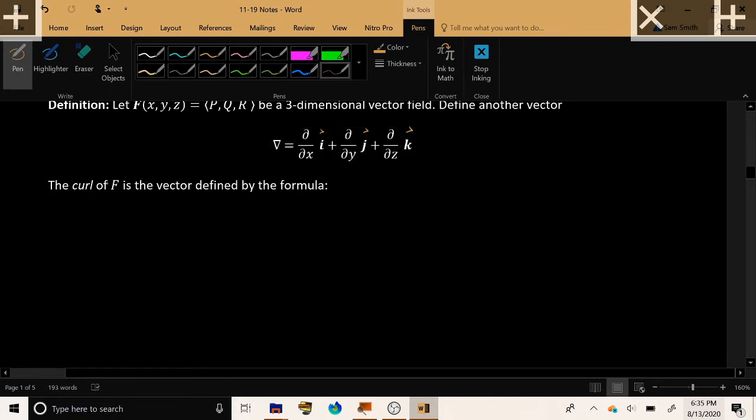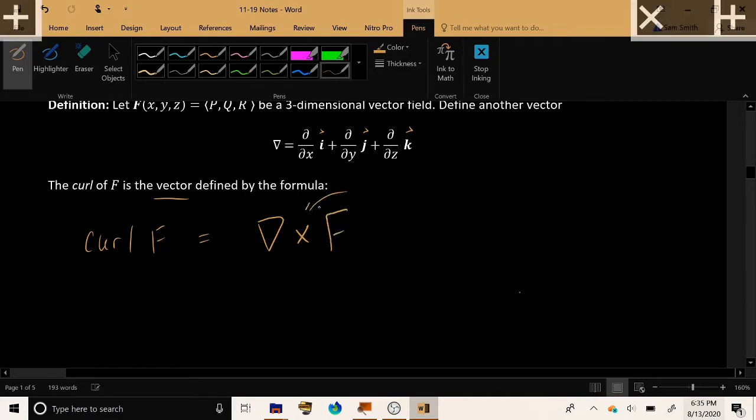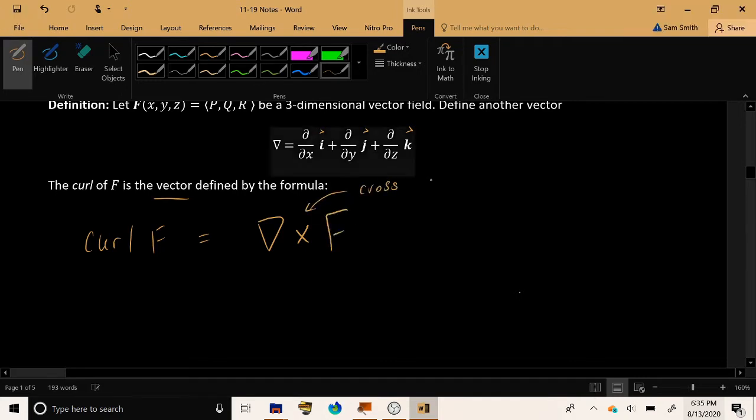Then the curl of F is the vector defined by the formula: curl F, that's how it's denoted, is equal to nabla cross F. This is the cross product.